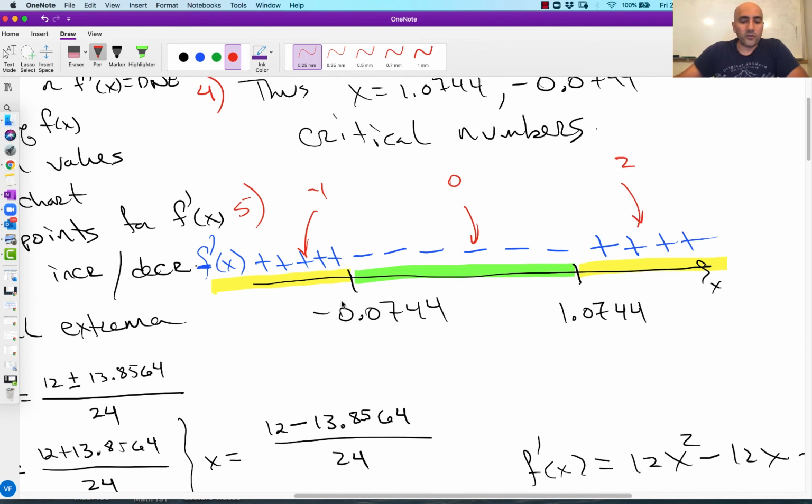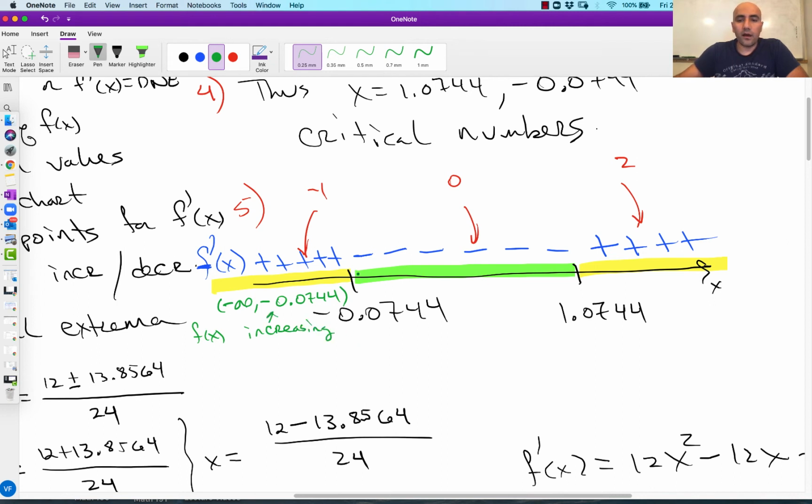Good. All right, so now on this interval from negative infinity, let's put it in green, on the interval from negative infinity up through -0.0744, because the first derivative is positive, it means that the original function f of x is increasing on that interval.